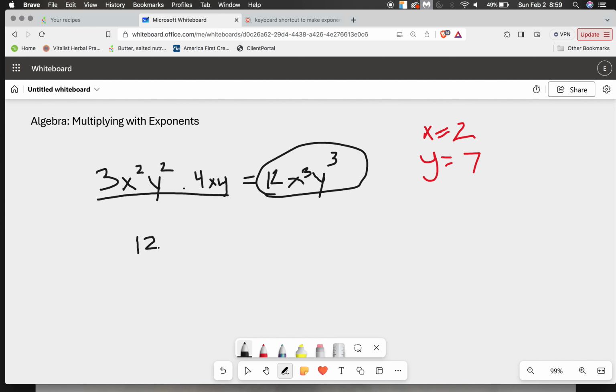Anyway, so we have 12, and then x is 2, so 2 cubed. And then y is 7, so 7 cubed. And we could solve what that is. I actually don't know 7 cubed off the top of my head, so we are not going to solve this problem, but if you wanted to do the multiplication, you could find out what that is and tell me in the comments of the video if you so desire.